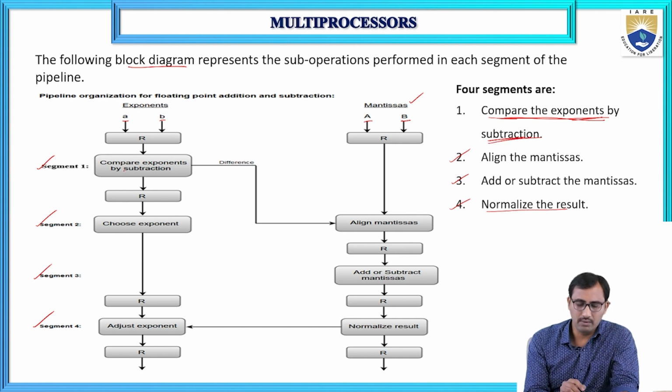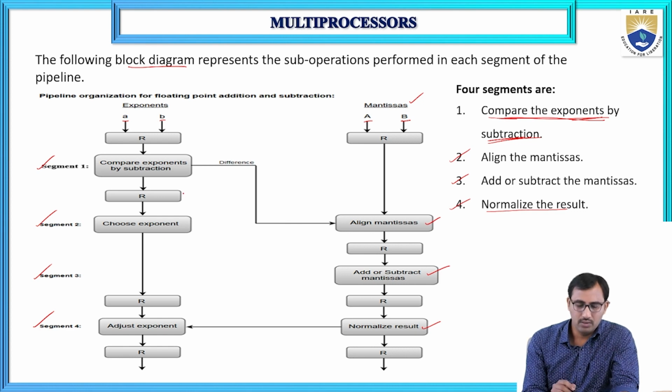We compare the exponents by subtraction, and if the exponents are not equal, then we align the mantissas. Then we perform addition or subtraction of the mantissas, and then we normalize the result.